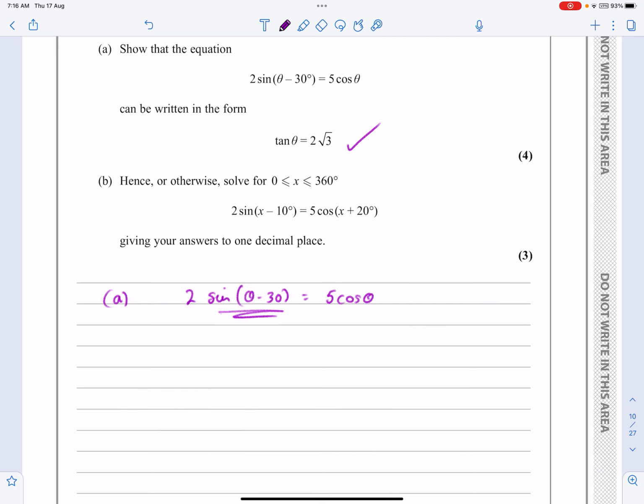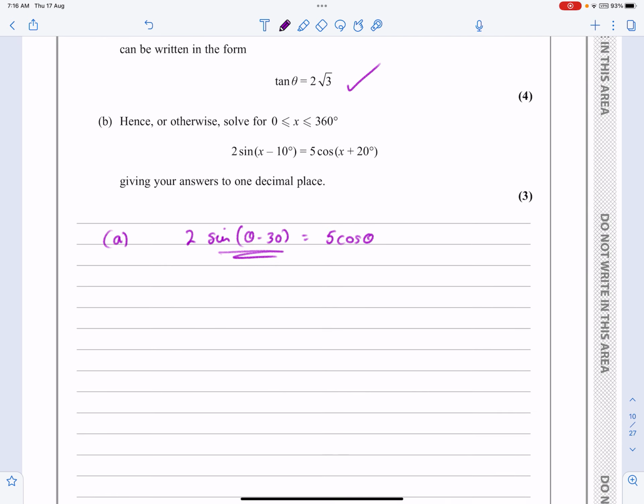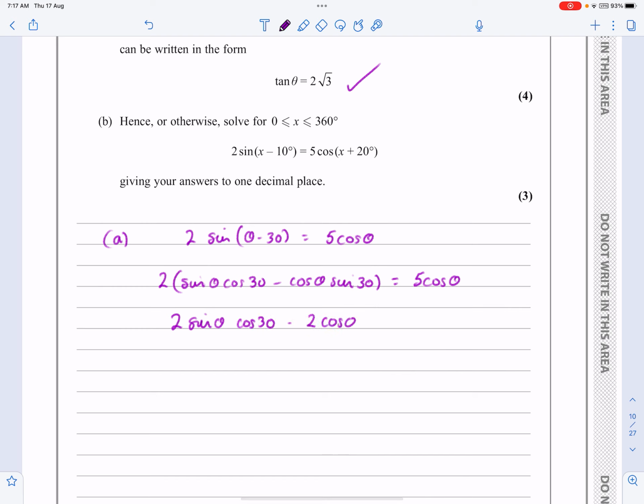This is what we should notice: we've got sine (A minus B) here, and sine (A minus B) is sine A cos B minus cos A sine B. So that's definitely my first step. I'm going to multiply out the bracket: 2 sine theta cos 30 minus 2 cos theta sine 30 equals 5 cos theta.